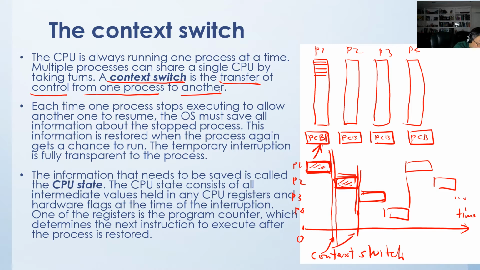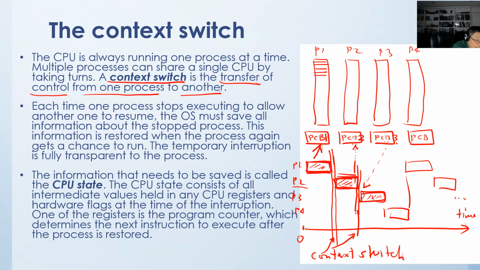That's another context switch. The information about process 2 will be saved in PCB 2, and then the CPU loads the information about process 3. Where is the information for process 3 loaded from? It's loaded from PCB 3, and the previous information is saved in PCB 2.